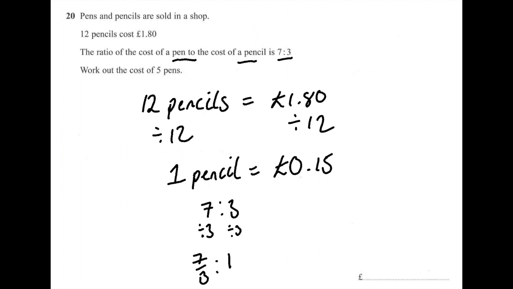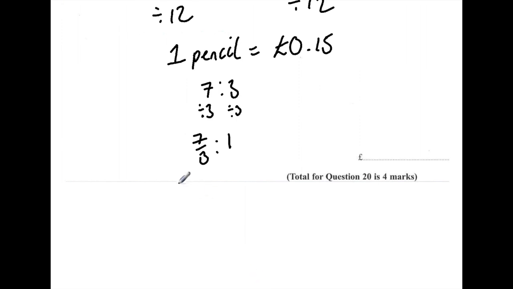Therefore, to find the cost of one pen, I'm going to multiply 7 over 3 by 15p. So 7 over 3 multiplied by 0.15 is equal to 0.35.